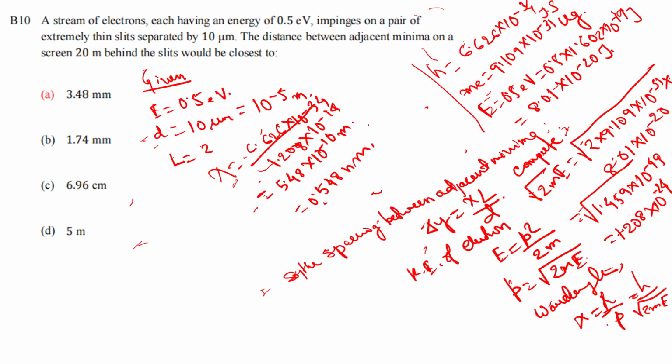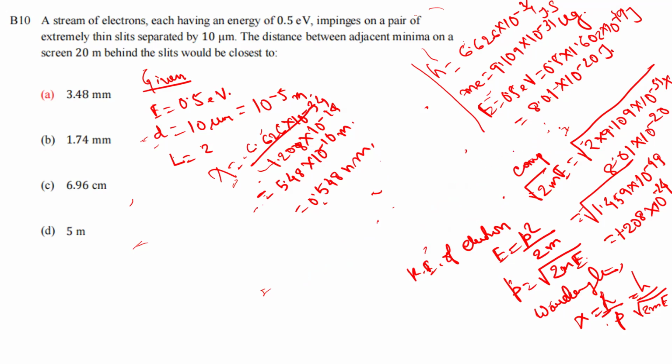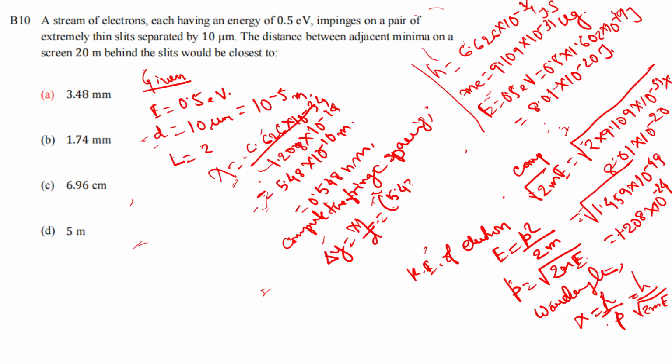Now we compute the fringe spacing. Delta y equal to lambda L by d, so we have 5.48 into 10 to the power minus 10 into 20 divided by 10 to the power minus 5.